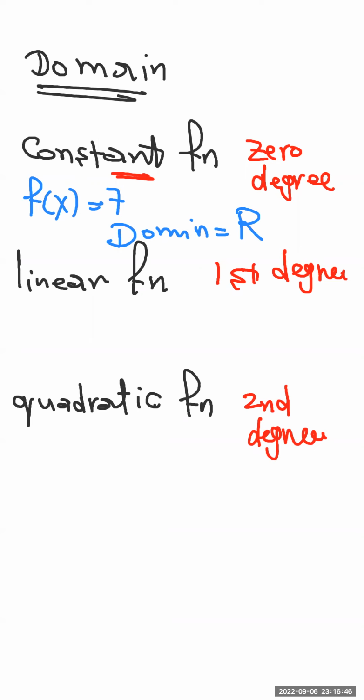And we said that f of x equals 7 means the representation will be a line parallel to the x-axis passing through this point 7. So here, y always equals 7, but x is different: 1, 2, 3, 4, 5, -1, -2, -3, -4, -5, and so on.